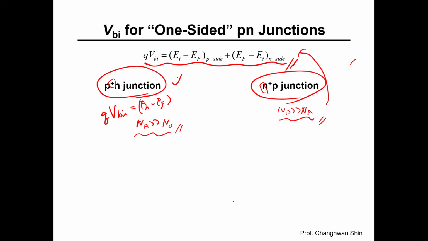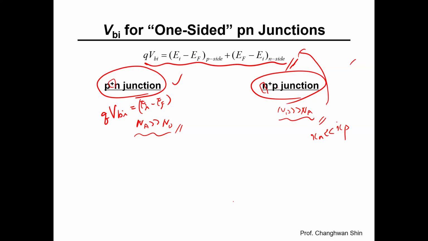For a P plus N junction, since N sub A is much higher than N sub D, we have the x of p much narrower than the x of n. The depletion width on the P side is much smaller than on the N side. Similarly, for an N plus P junction, x of n is much narrower than x of p.